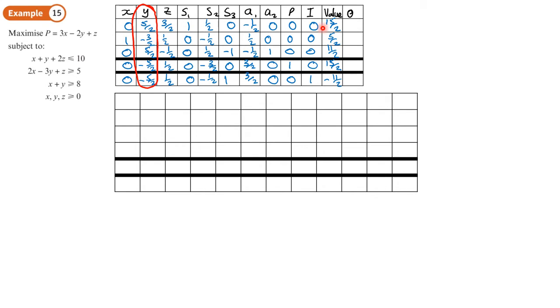Let's now calculate the value divided by the coefficient here. So 15 over 2 divided by 5 over 2 gives us 3. So put 3 here. Now we could work this one out, 5 over 2 divided by negative 3 over 2, but we know that we ignore the negative values. So I'll just put a dash there just to show it's negative.